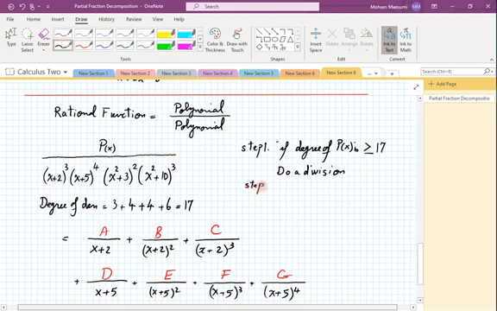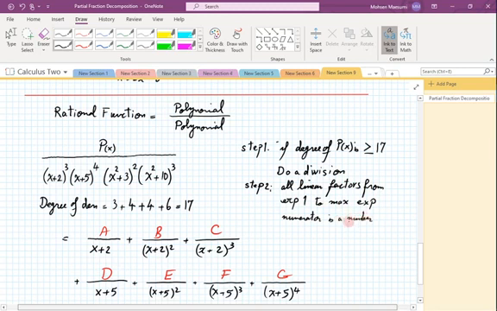And then step 2, all the linear factors: what you write is all linear factors from exponent 1 to the maximum exponent. The numerator of all of these things is just a number, an unknown number.